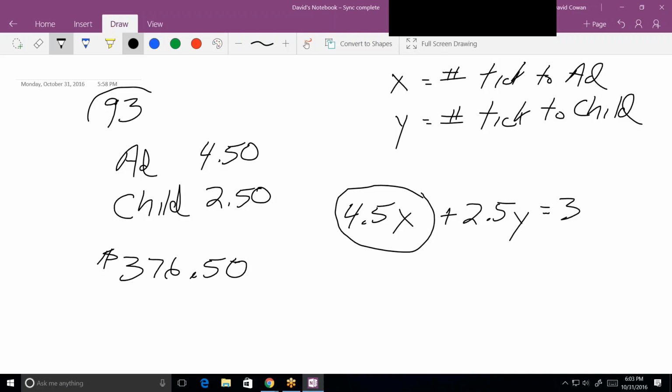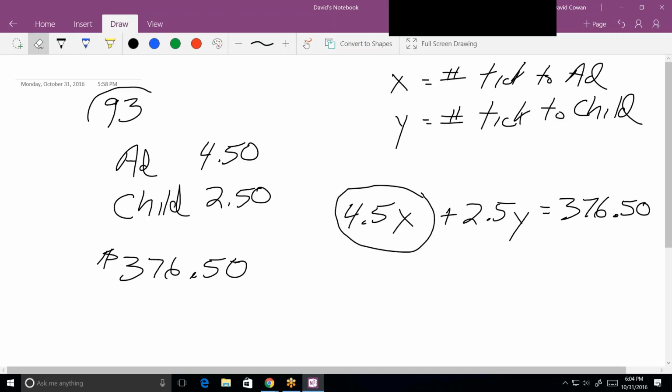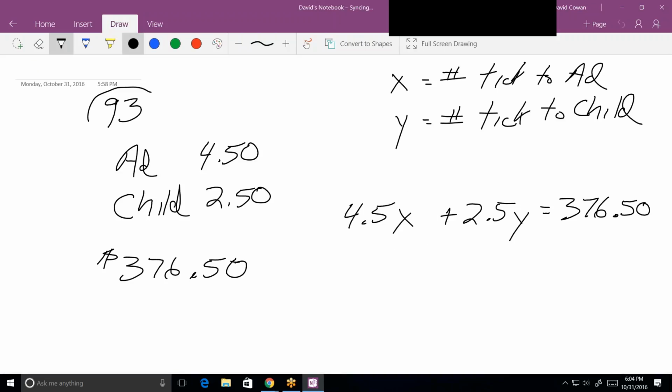Right? And that's one equation. We can't solve that on its own because it's one equation and two variables. So we need a second equation. What other equation do we have?